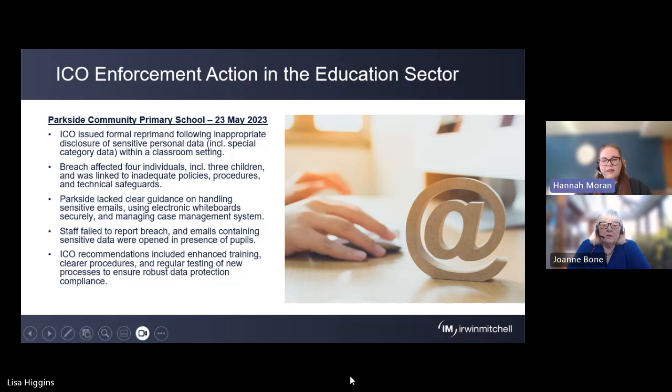Joanne, do you think that's why the ICO didn't end up fining them in this case? Yeah, I think it's that, and I think it's also worth bearing in mind that there is a public sector approach that the ICO are taking.